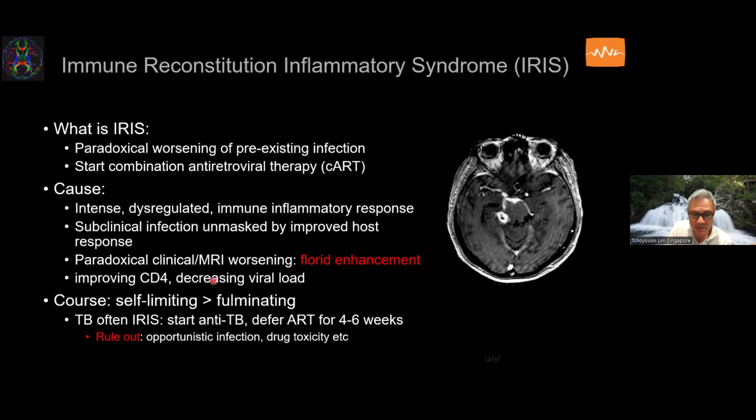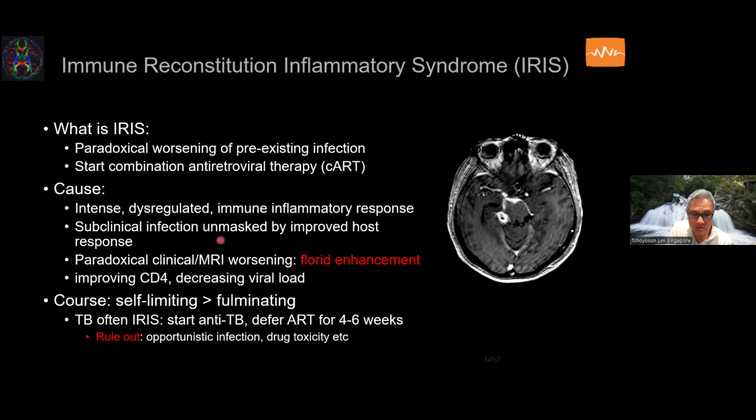The HIV viral load starts to decrease, and there is an intense inflammatory response, which we will visualize as florid enhancement, showing up as paradoxical MRI or clinical worsening, despite the fact that the patient is actually getting better and can mount a sufficient immune response.